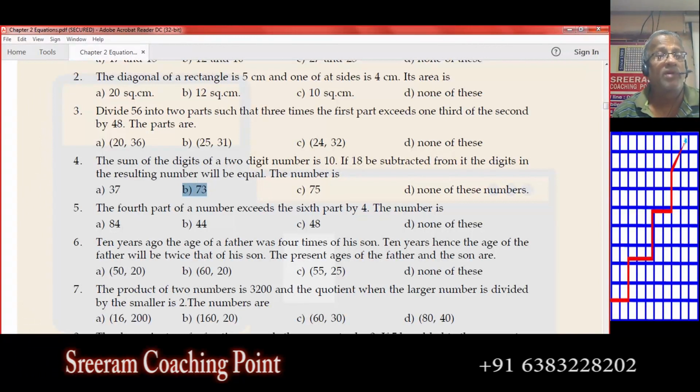Yes, Aravind, how did you do? Super. Say, the fourth part of the number, 1 by 4x minus 1 by 6x equal to 4. Good.